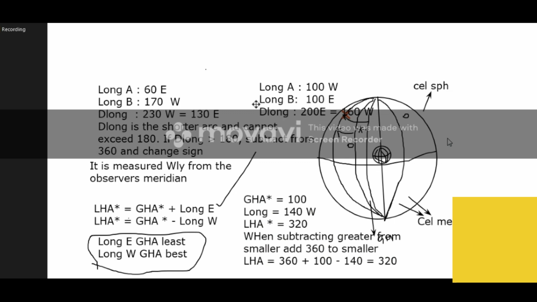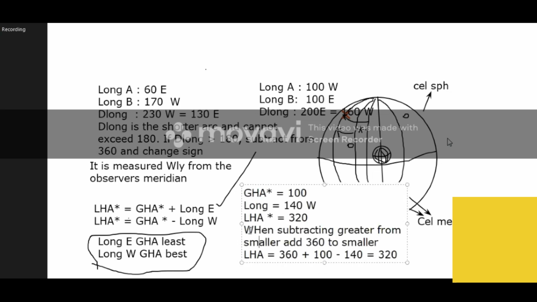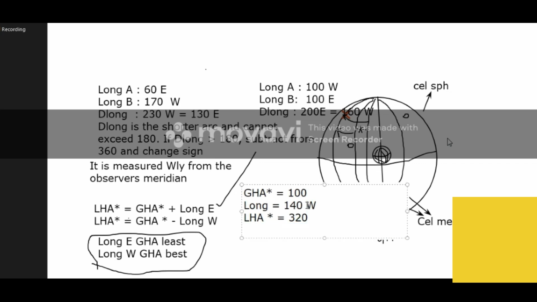So now let me delete this part and give you another small example. Say GHA was 300 and longitude was 140 east. LHA is GHA plus east longitude, so LHA will be 440.